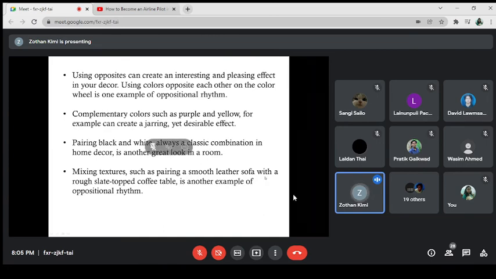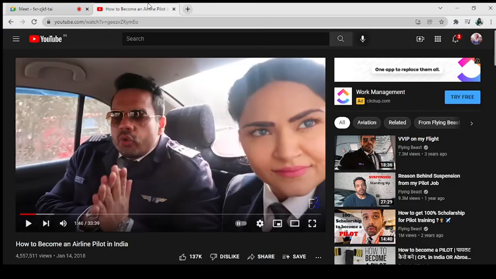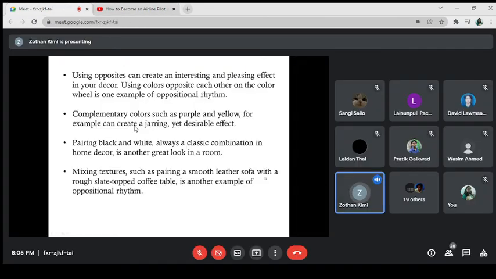There are many different kinds. There are sub complementary colors as well, and all that. So again, we will look at it when we learn about colors. All right, so this is a simple explanation. I'm not going to explain this further.